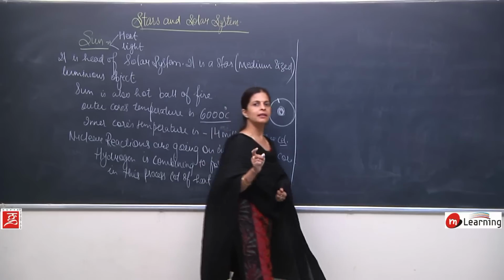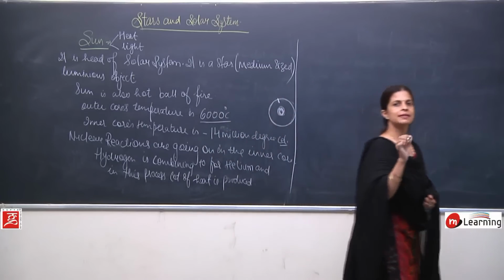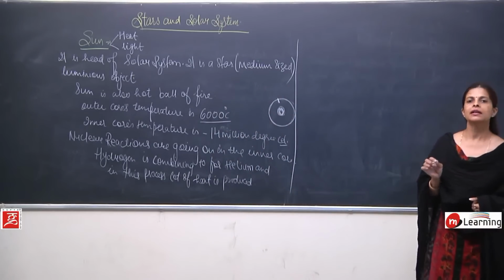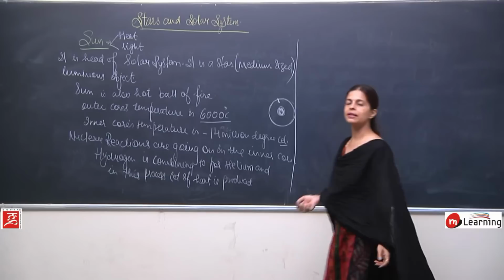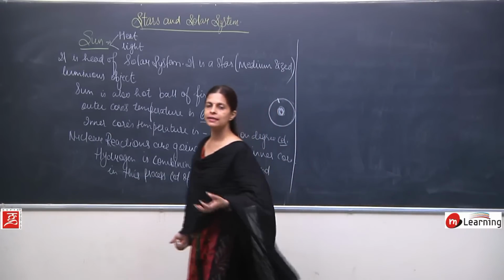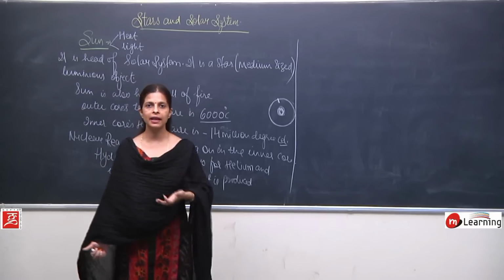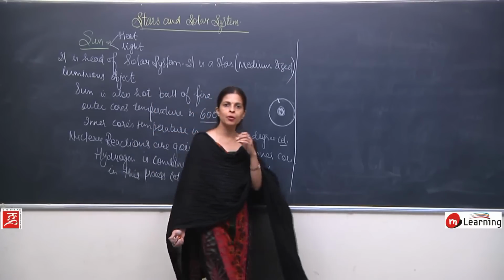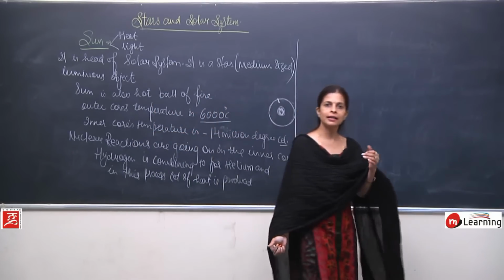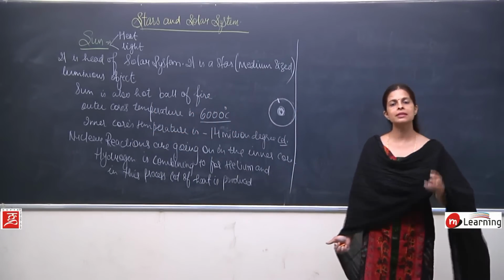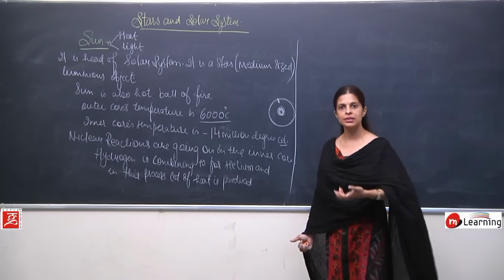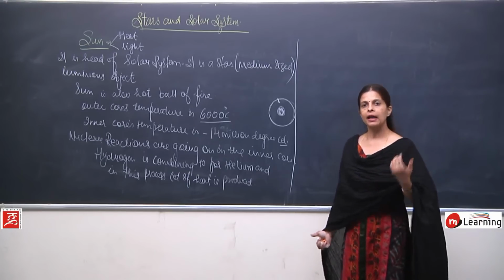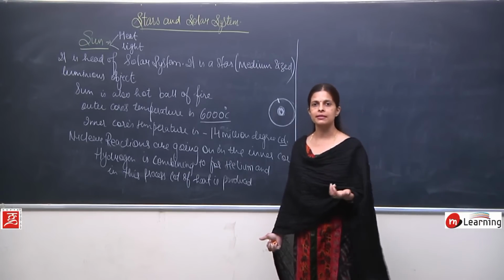So what is the Sun? The Sun is a medium sized star. It is a luminous object. It has got its own light. It gives us heat and light. The distance of the Earth and the Sun is appropriate for us, and that is the reason we are able to use the Sun's heat in a positive way, and it's not burning us.